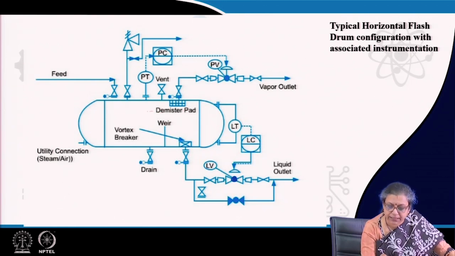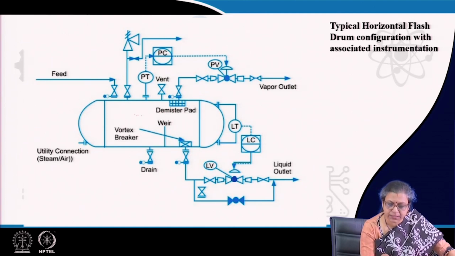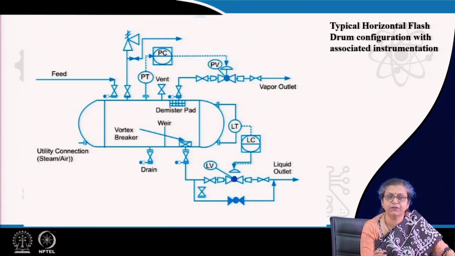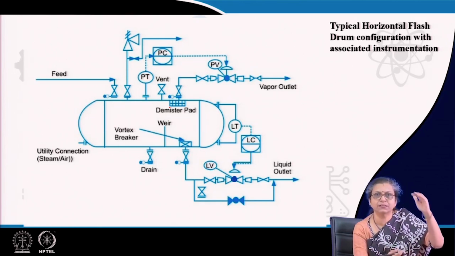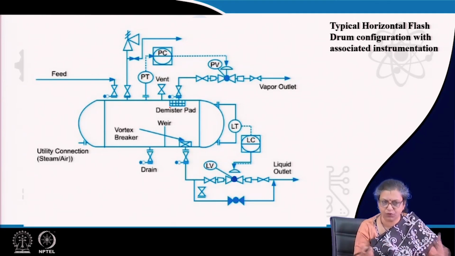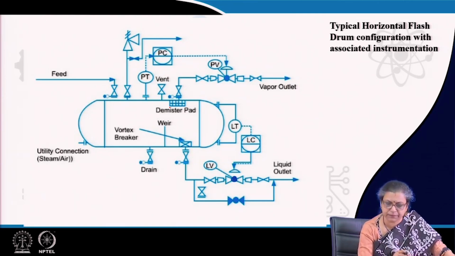So, we get a greater distance for vapor liquid separation, and while it is flowing, the vapor velocity decreases, and so the separation is naturally better. Based on this, when the head space is a limitation, we go for a horizontal drum. When the floor space is limited, we go for a vertical one. With all these considerations, we select whether we will take a vertical or a horizontal vessel.